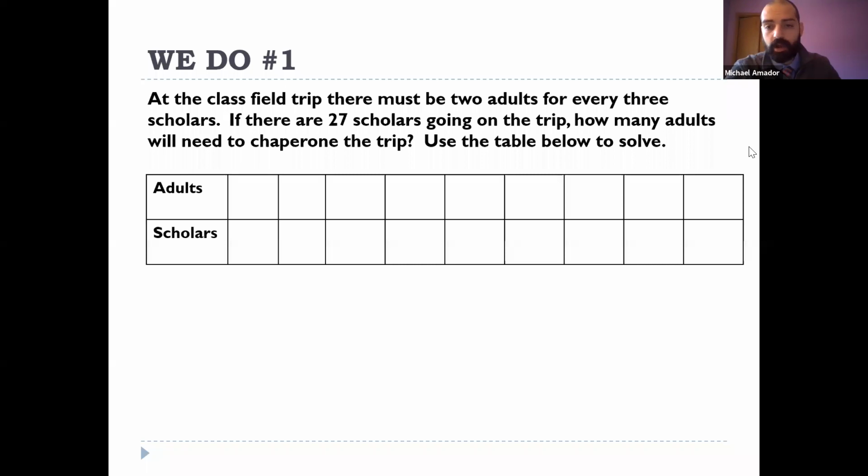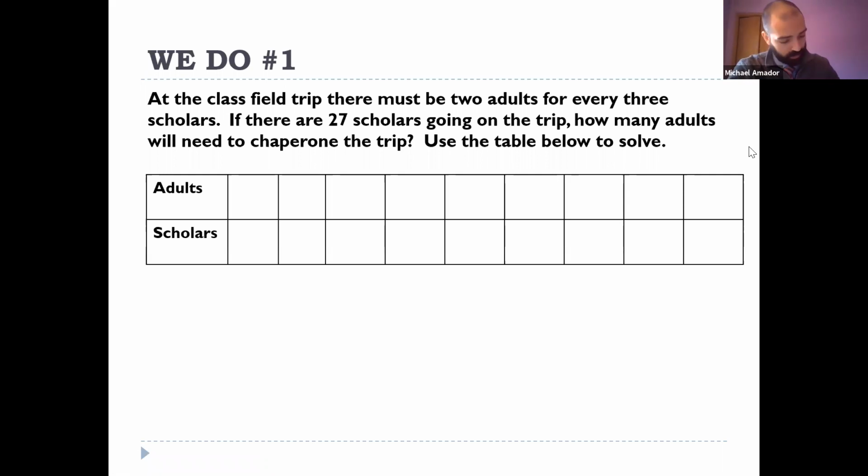What is this problem asking us to do, Elijah? What is the We Do problem asking us to do? It is asking us how many adults need to watch the scholars. Yes.